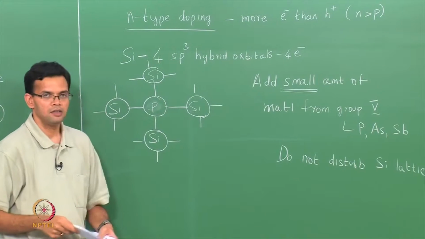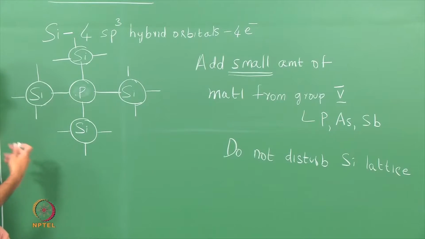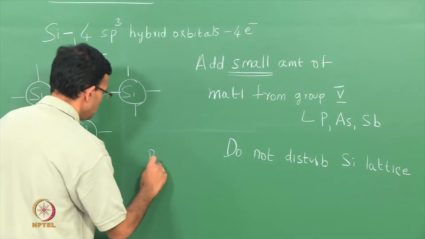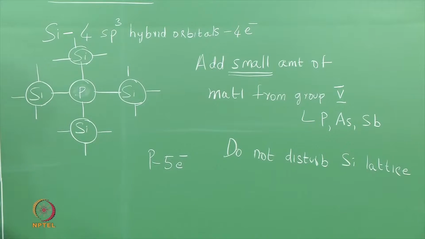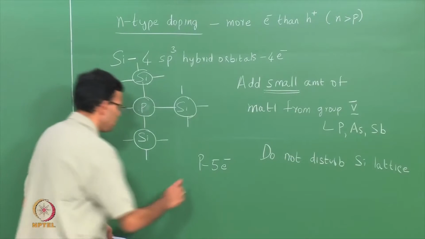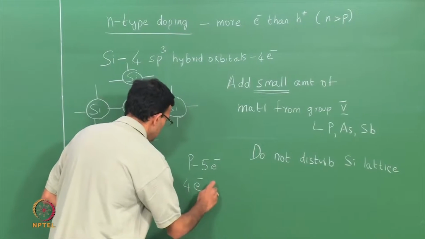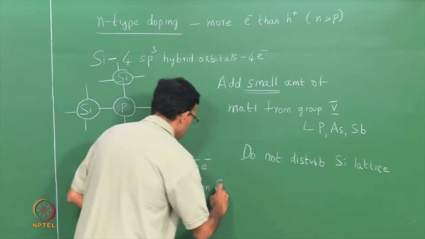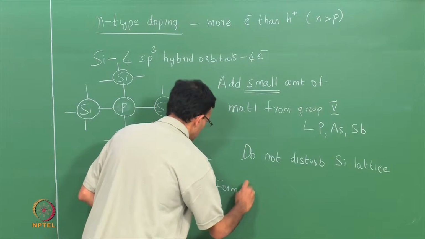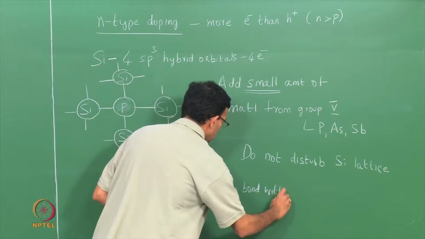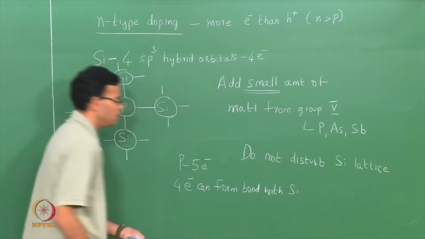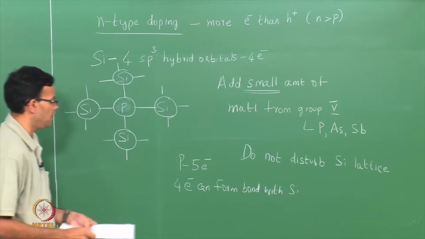Now, once again you see that phosphorus has 5 electrons. 4 of these electrons can easily form a bond with silicon, and that leaves behind 1 extra electron.